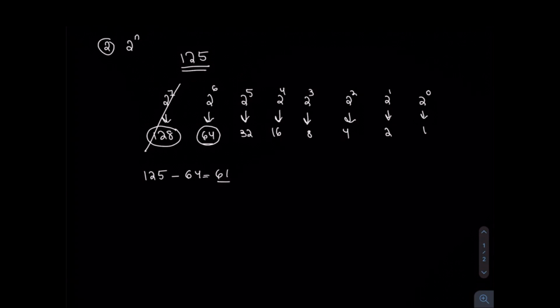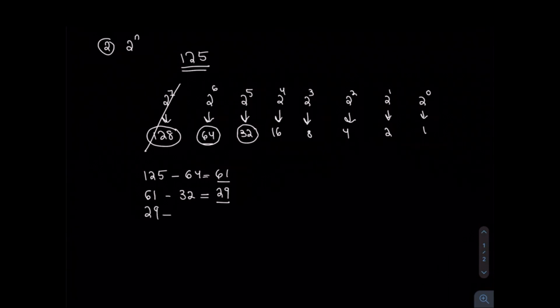Then we will take 61 and find the biggest number that is less than 61, which is in this case 32. So subtract 32 from 61, and it will equal 29. Then take 29 and choose the largest number that is less than 29, which is 16, which will equal 13.